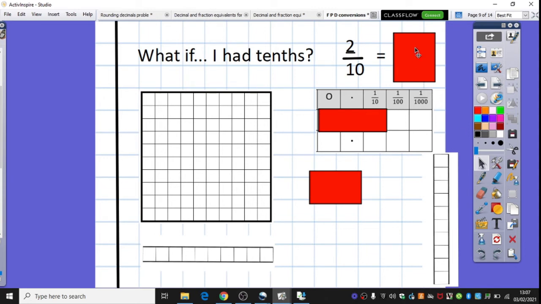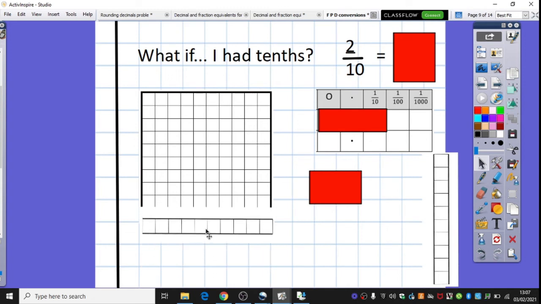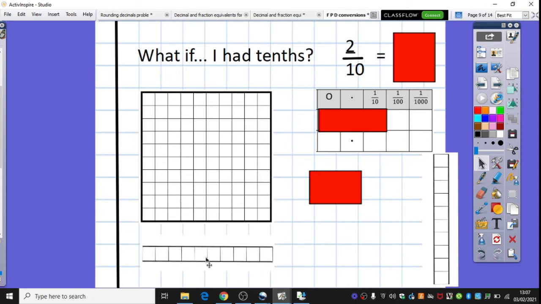And what we want to think about is, if we've got 2 tenths, so we imagine here that 2 whole rows or columns of our 100 square is shaded in, how many hundredths is that equivalent to? Well, when we find equivalence, we times both numbers here by 10, because we wanted to get it to 100, so 10 tens are 100.